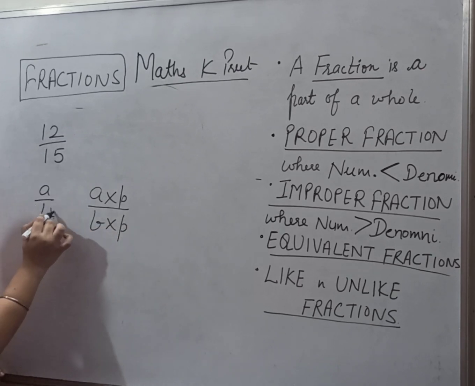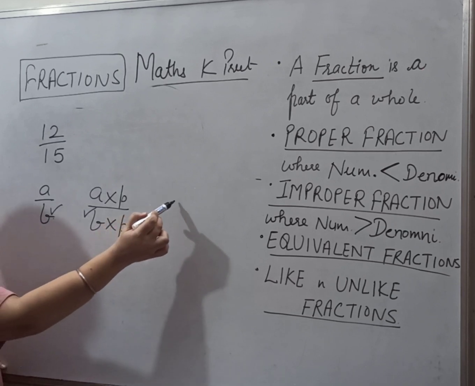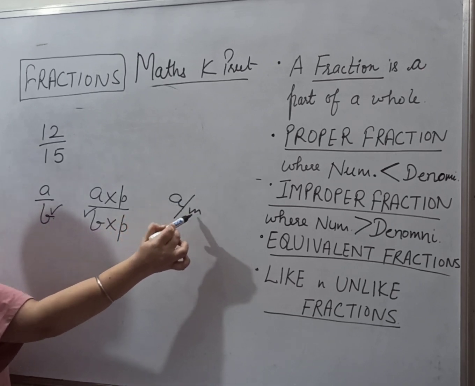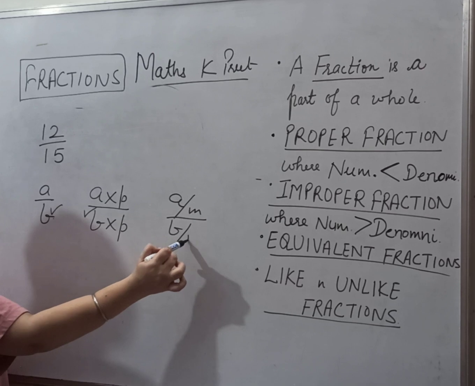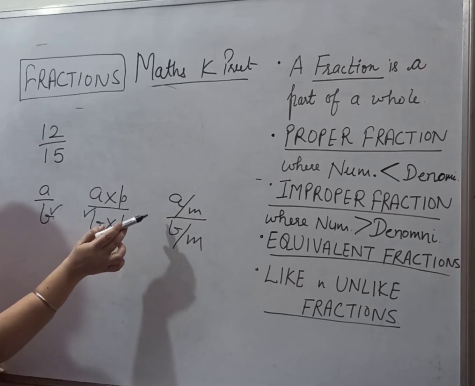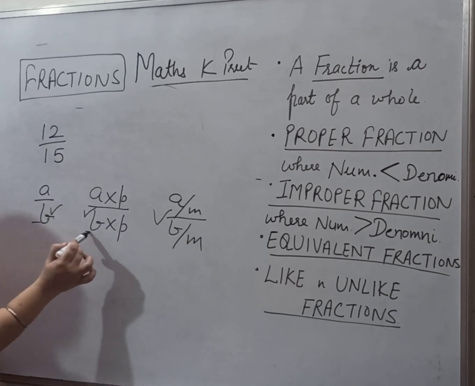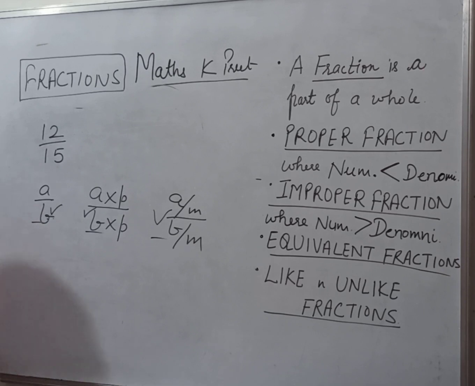So this is equivalent to this. And if there is any common factor, we can divide both the numerator and the denominator by that common factor, and this is also equivalent to the original fraction, and these three are equivalent to each other.